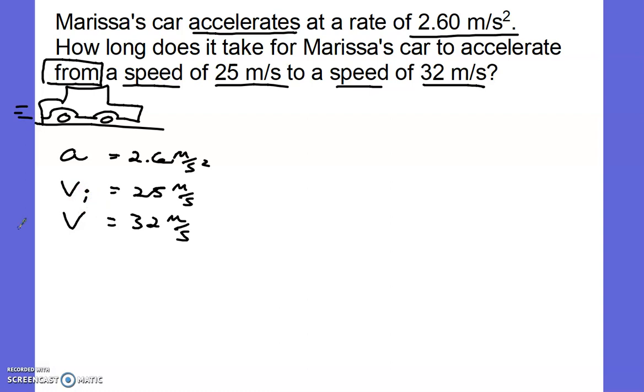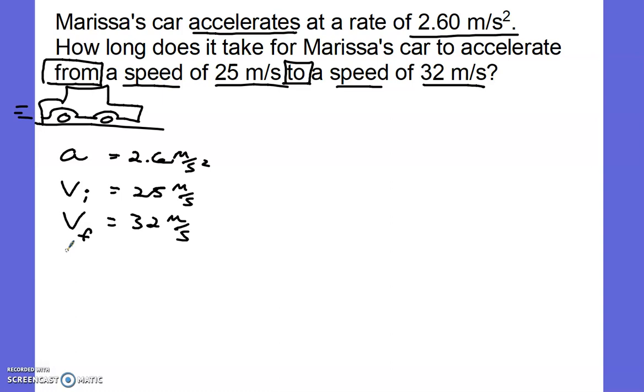So that is our initial velocity of 25 meters per second. It says it moves to a speed of 32 meters per second, so that's our ending or final speed. To designate that, we use the subscript F, which is again just a little letter beside it, representing that it's the final instead of the initial.